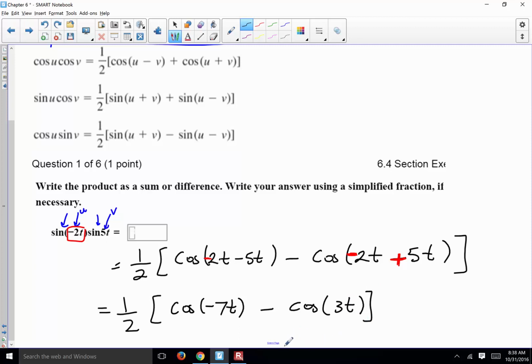Alright, there is one more move you can make here. What is it? Yeah, there is one more simplification you can make.